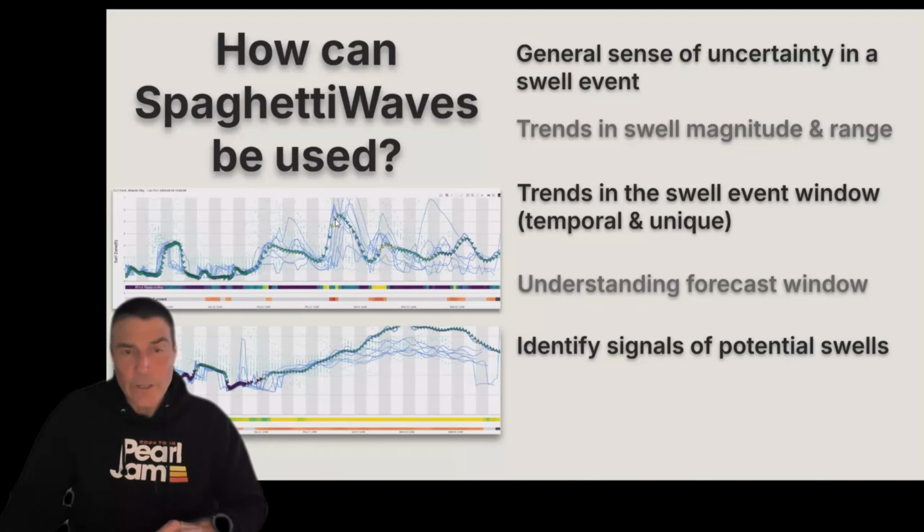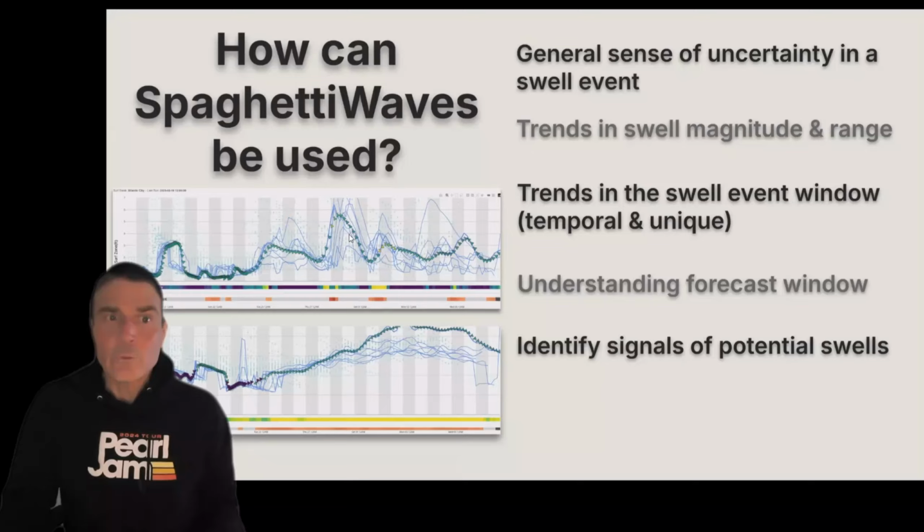So you start seeing these different model solutions and you can kind of get an idea of what may occur. So it looks fairly certain something may occur in this time period here, but we would need a couple more model runs to see if all the models kind of coalesce around this swell event.